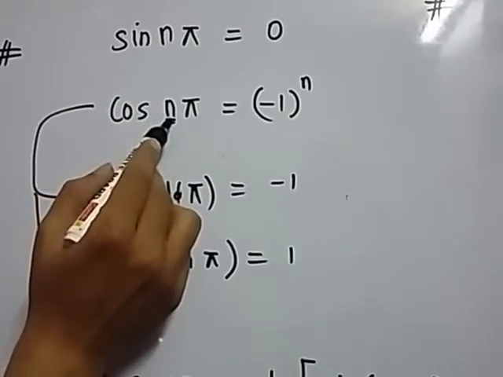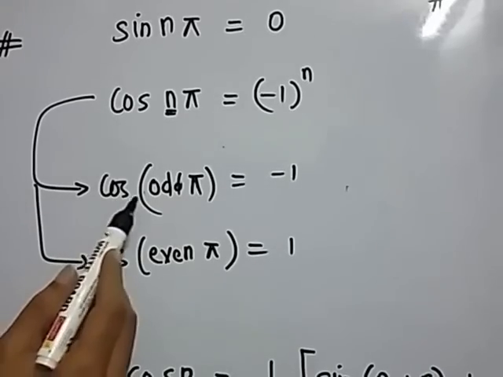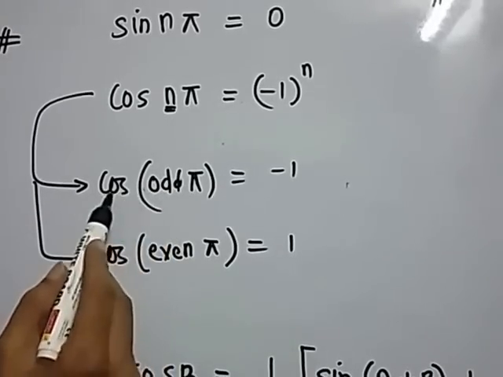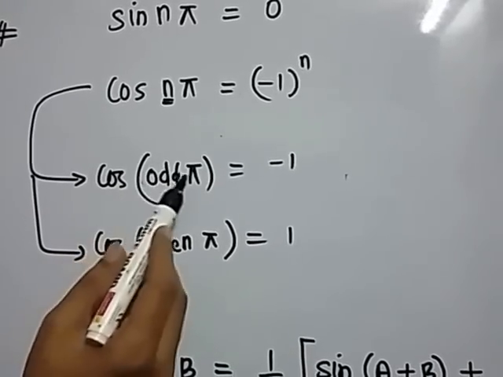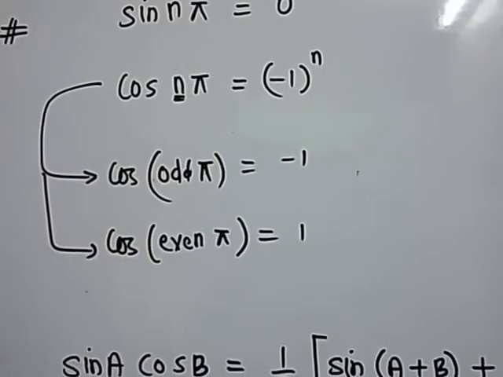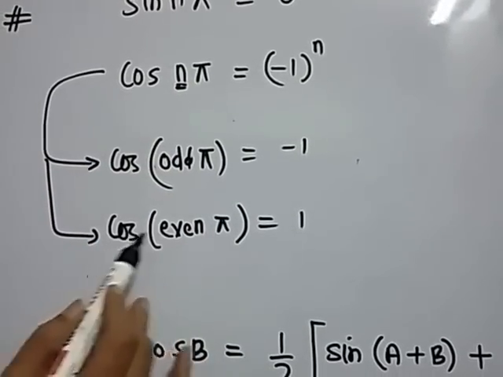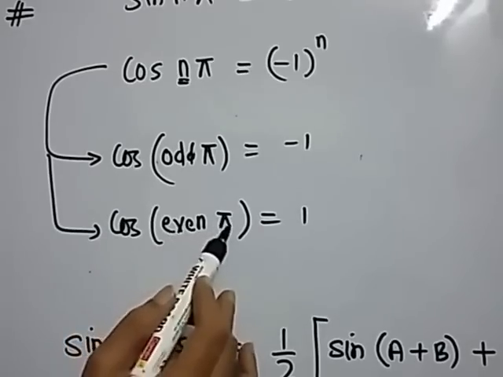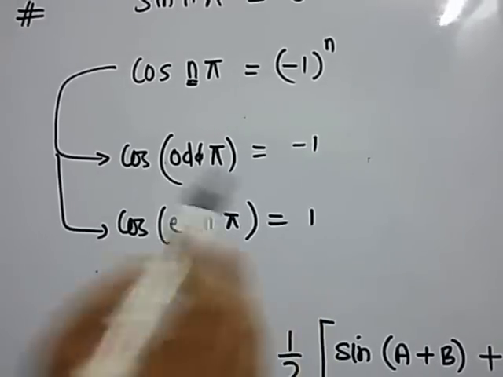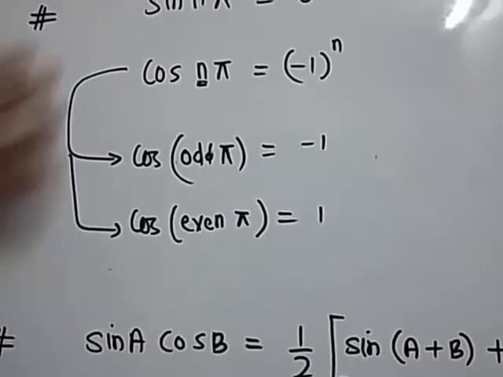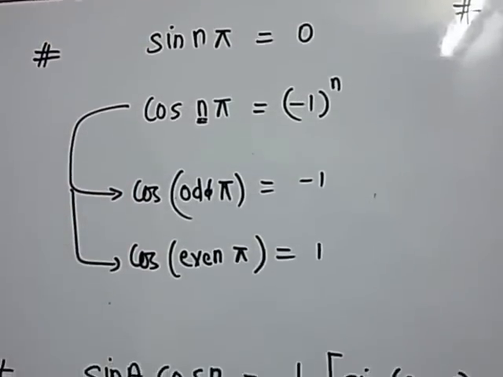So if n is an odd integer, for example, cos 1 pi, cos 3 pi, cos 5 pi, it is going to be minus 1. And if this n is an even integer, then cos of say 2 pi, 4 pi, 6 pi, all that is going to be 1. So remember this basics, very useful.